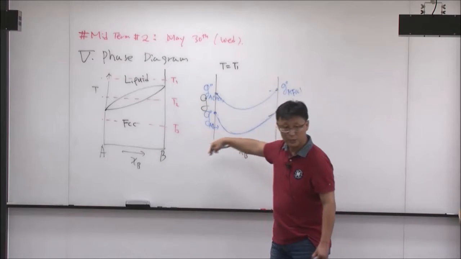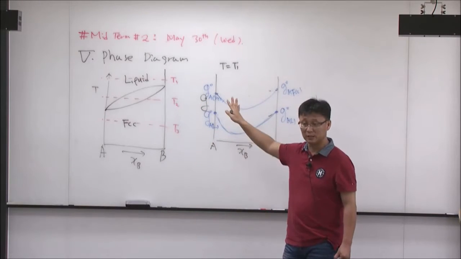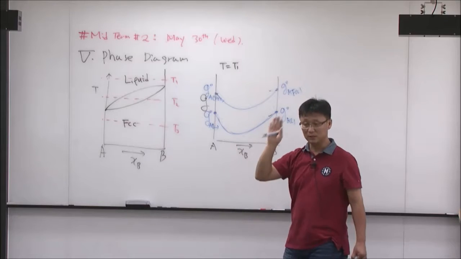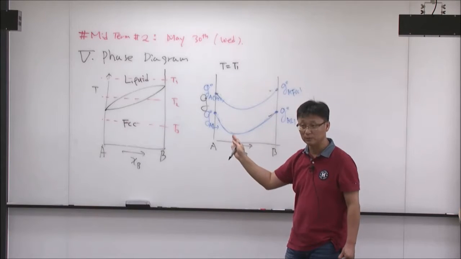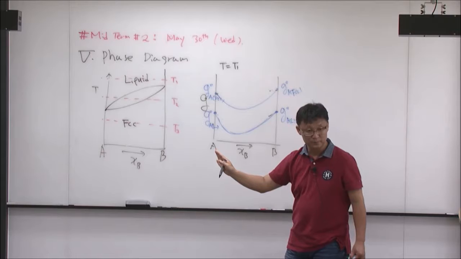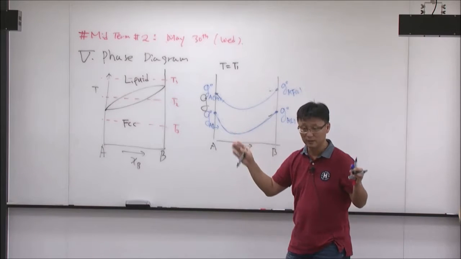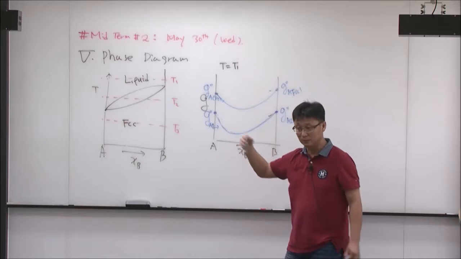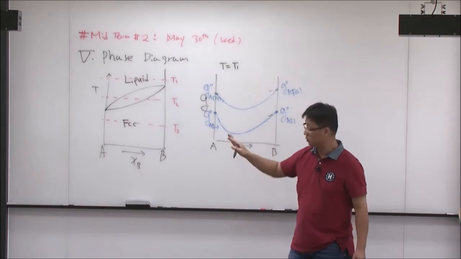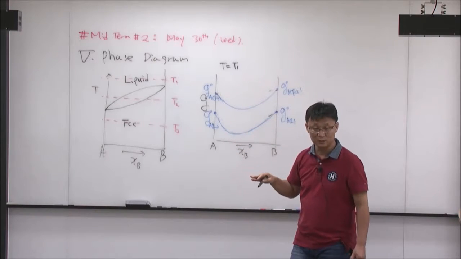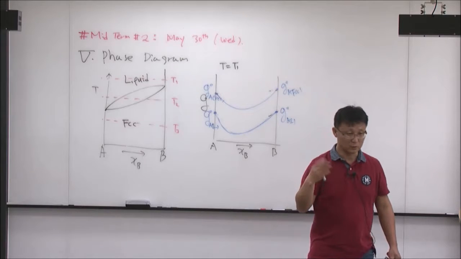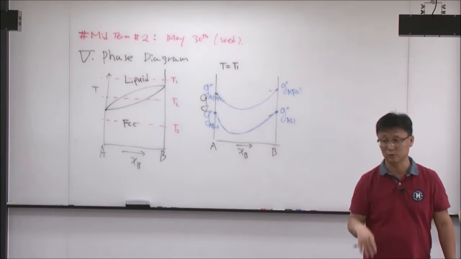Whenever we draw this kind of diagram, typically we don't say anything about pressure. It means it's at constant pressure already. That's what we assume. Okay? In most of materials engineering, we assume 1 atm unless we specify some other pressure. So typically when you draw a diagram like this, if there's no mention of pressure, it means pressure is constant.